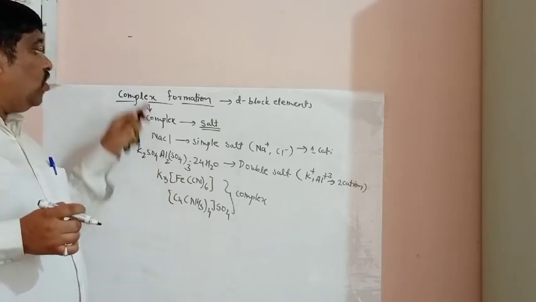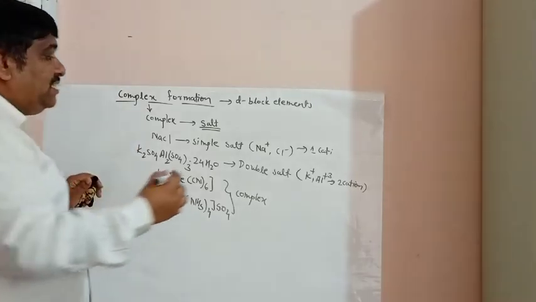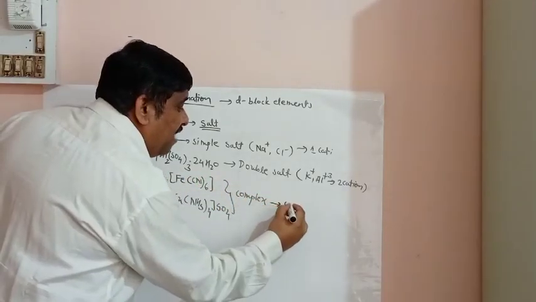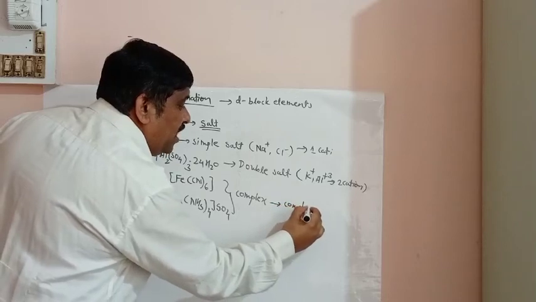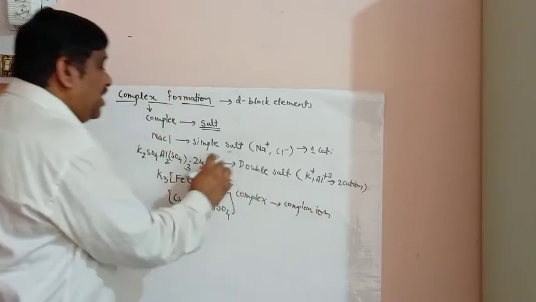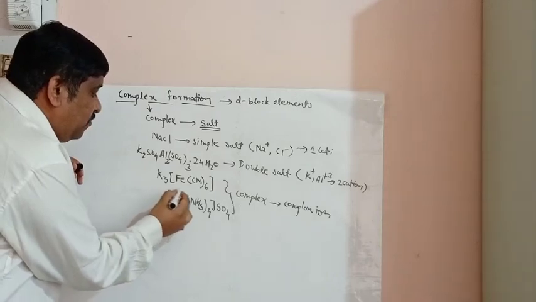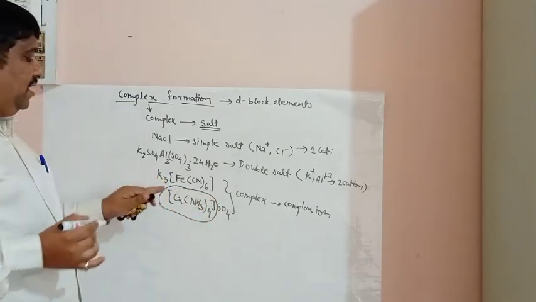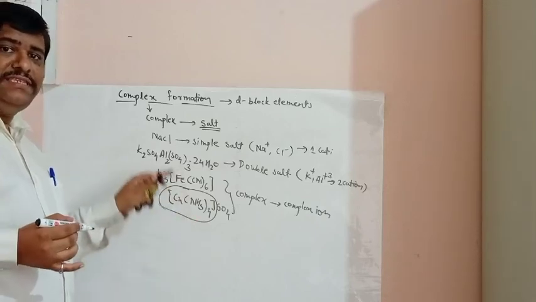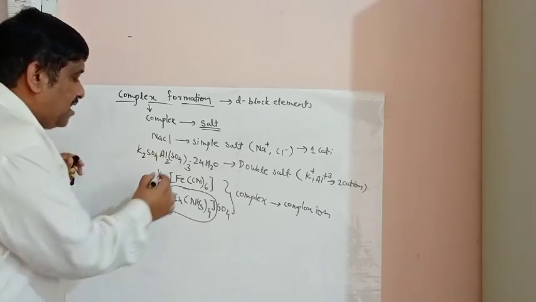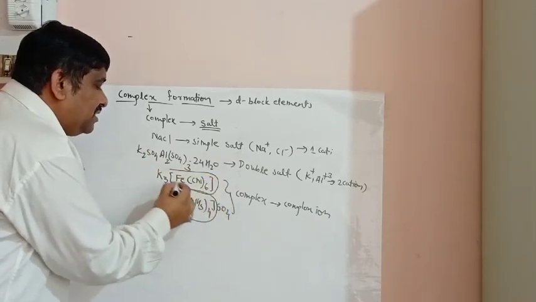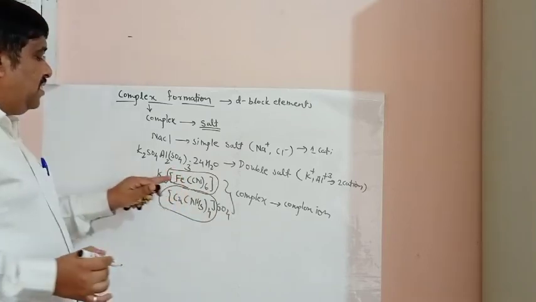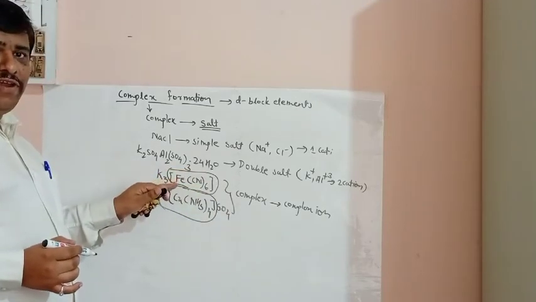And the complex salt or the complex compound is nothing but having the complex ion. So look here, if you get [Cu(NH3)4], this is in square bracket, and this is the complex ion. If you take the compound K3[Fe(CN)6], this is the complex ion here.